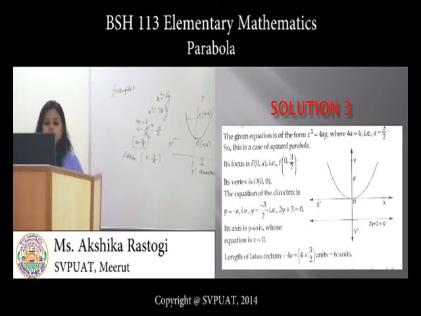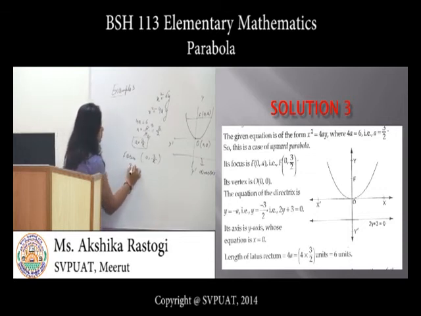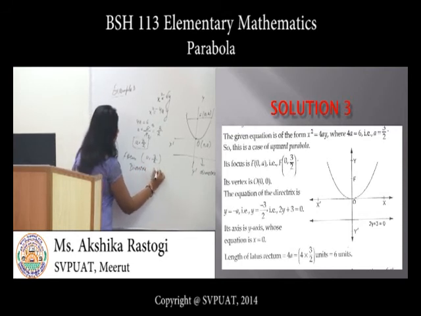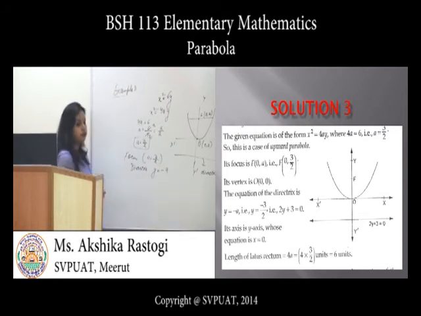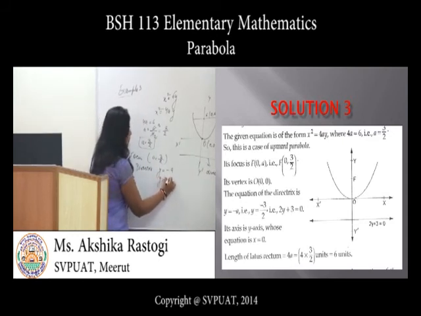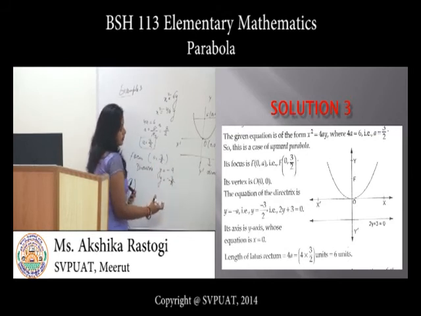Now the equation of the directrix. The equation of the directrix is y equals minus a. So we'll put y equals minus 3 upon 2. If we have to show the line, then we have to simplify it.